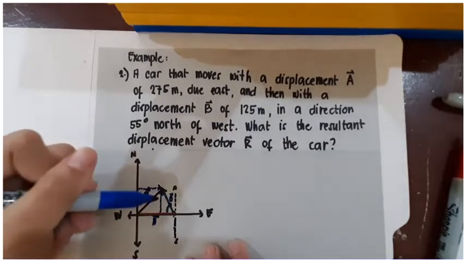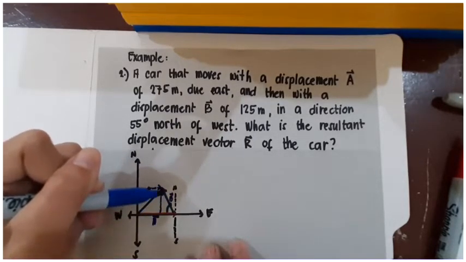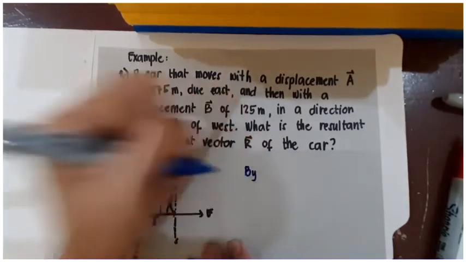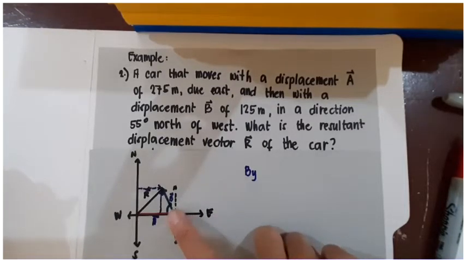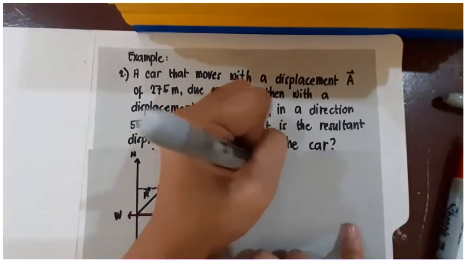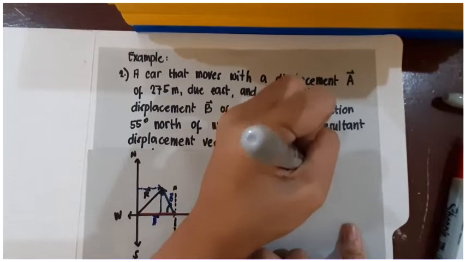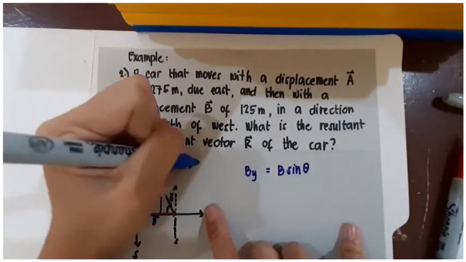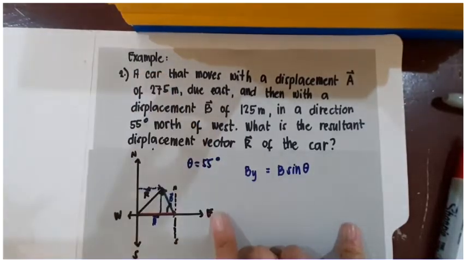This one is equivalent to your by. That is your y component for vector B. Masosolve niyo yan using B sine theta. Your theta here is 55 degrees.